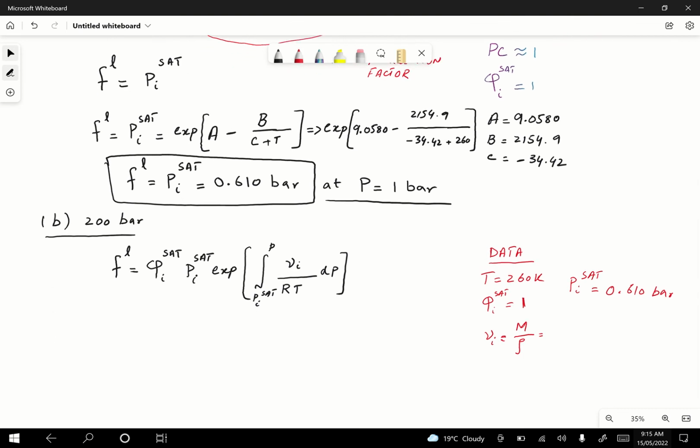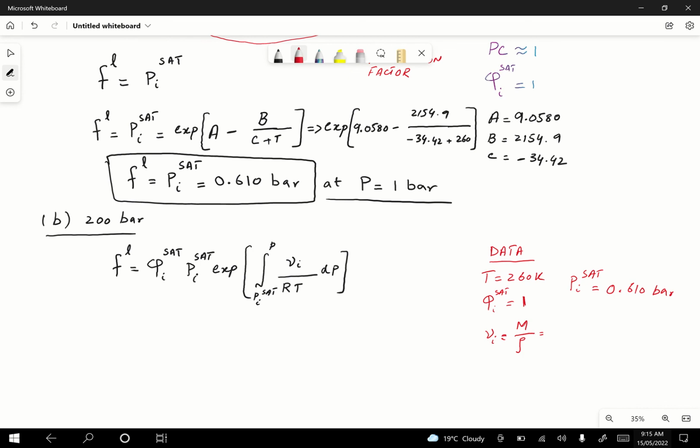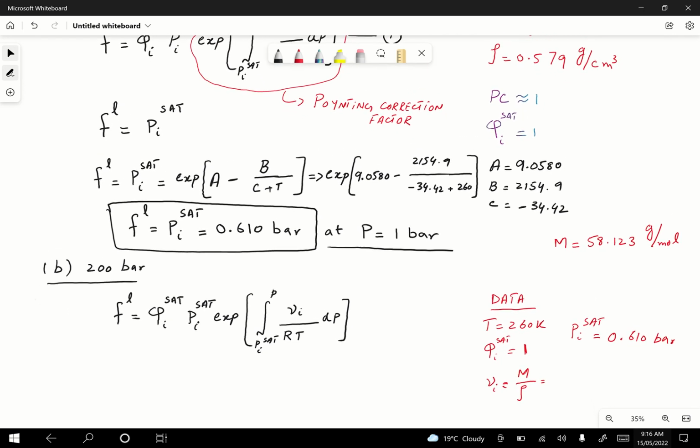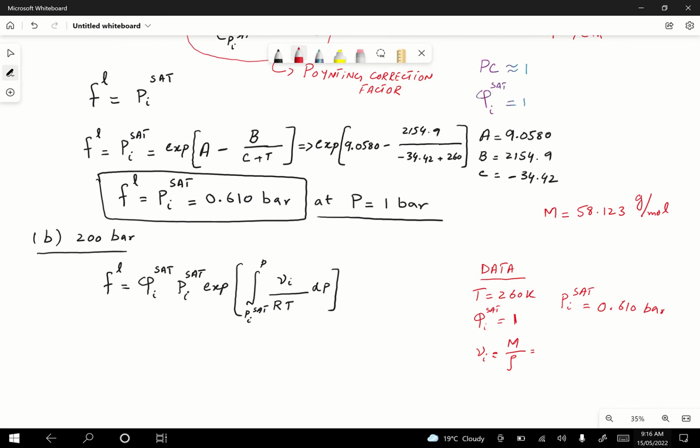Molecular weight in this case is, as you noted down previously, 58.123 gram per mole. So basically density is 0.579 gram per cubic meters, which is a bit tricky.